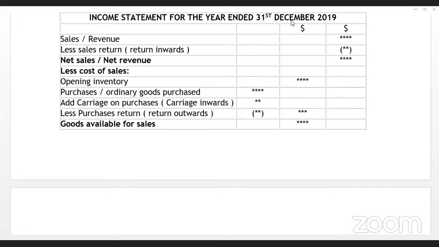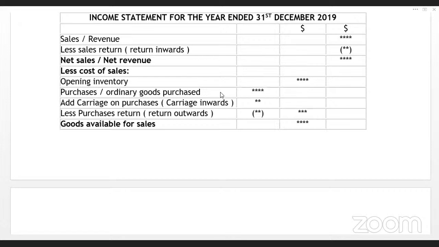Then we have to list the cost of sales. And to get the cost of sales, I've told you, you get the opening inventory. You add the purchases that the business has made during the period. But sometimes you have to incur transport to move the goods you've purchased from the supplier to your stores.